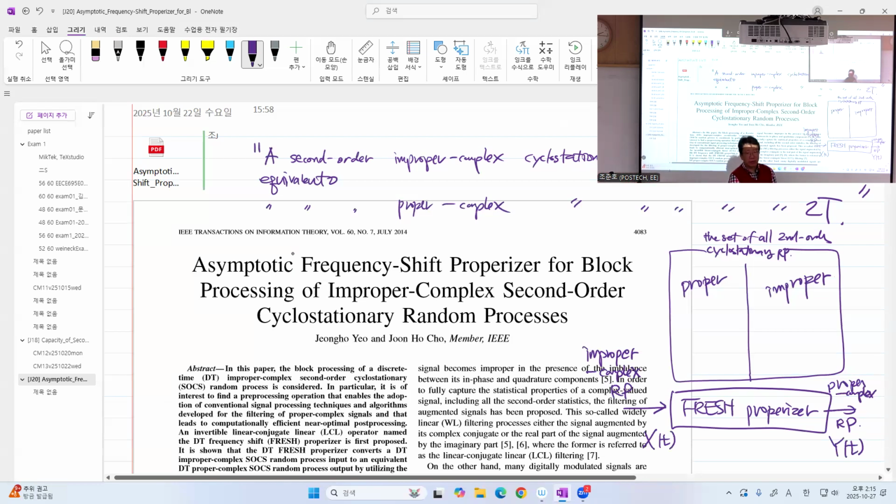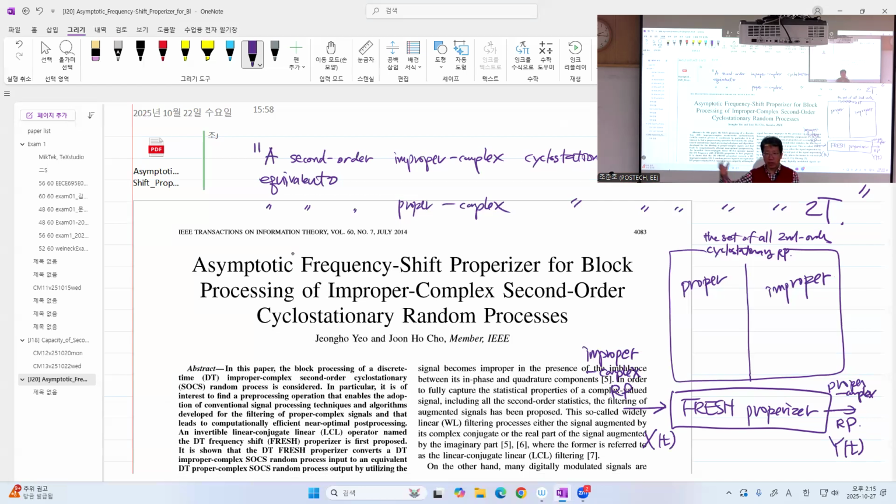In properizing fresh vectorization, the input was a scalar valued random process, but the output was a vector valued random process, a vector y that is stationary and also proper.